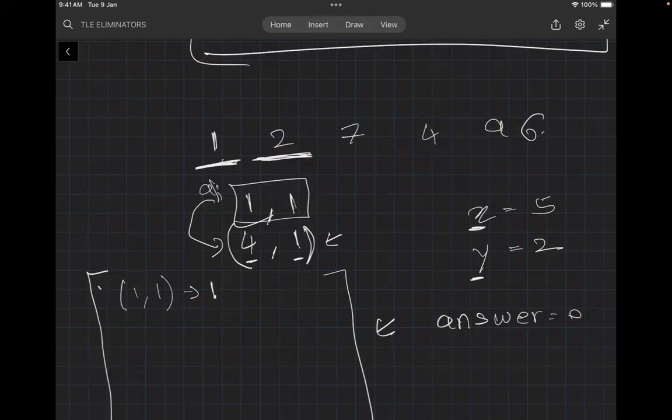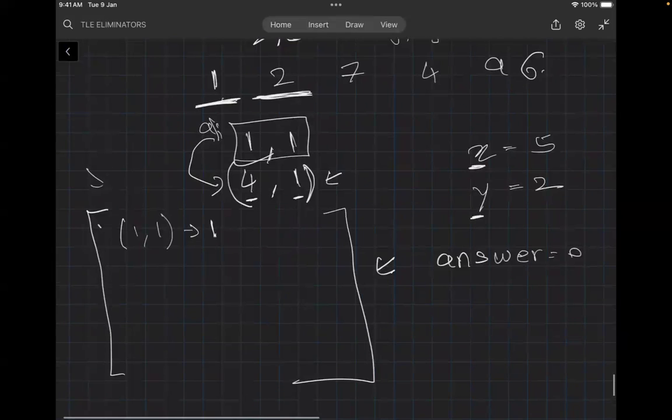When I move on to 2, 2 mod 5 is 2 and 2 mod 2 is 0. So for which values of aj will this be satisfied? For all values where aj mod x is equal to 3 and aj mod y is equal to 0.